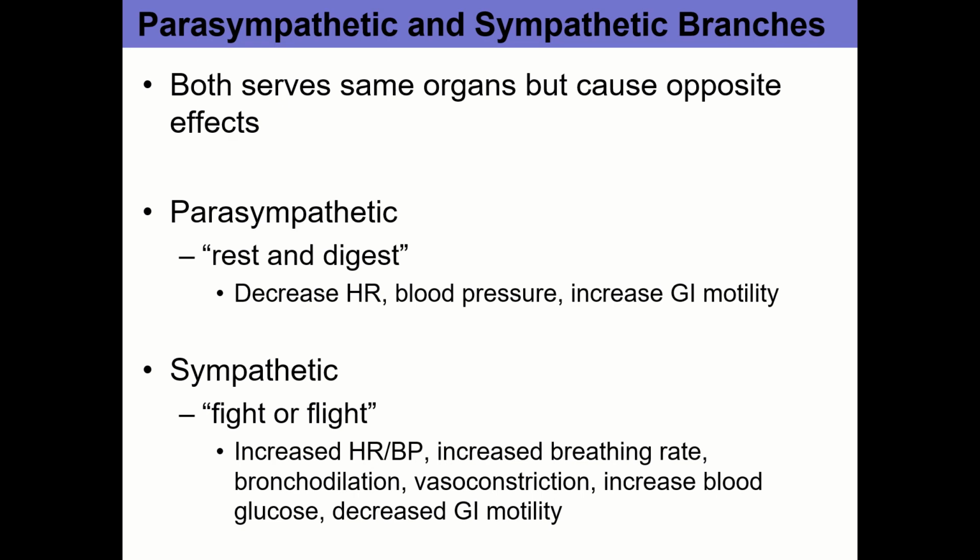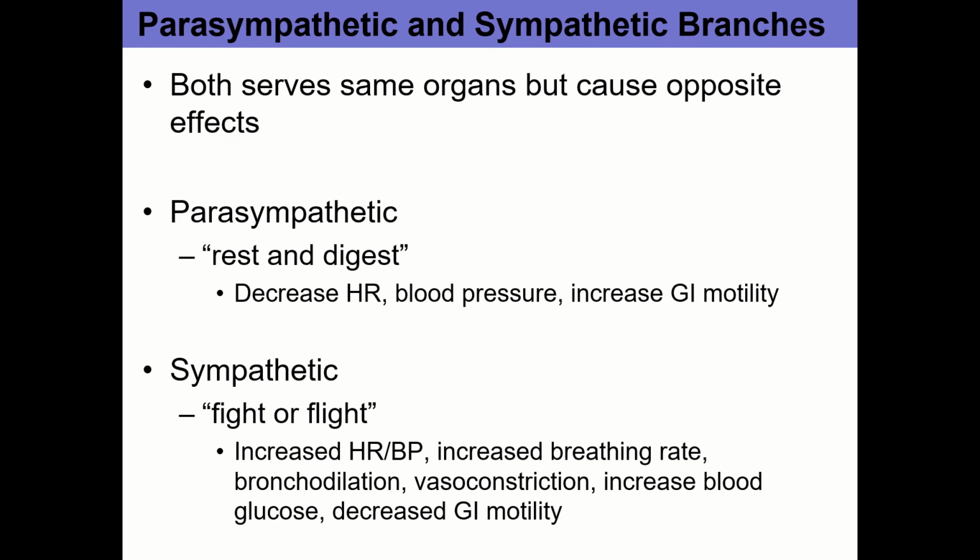So like I said, the parasympathetic branch we associate with rest and digest because, again, its goal is to reduce energy use. So it's, again, going to slow down heart rate, but it also performs maintenance functions. And so, for example, it is going to increase GI motility. What does that mean?